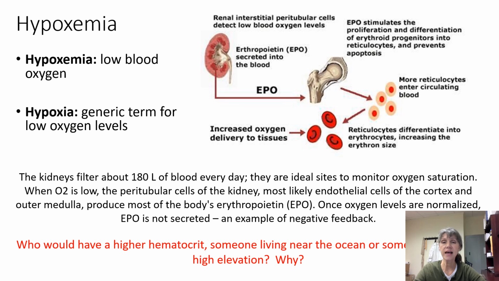You can see that at the top left, it says the peritubular cells in the kidney detect a decrease in blood oxygen levels.